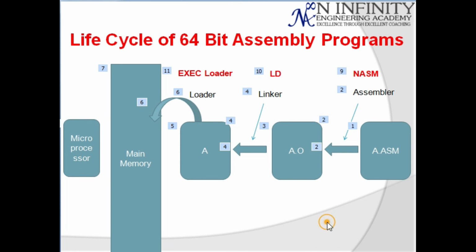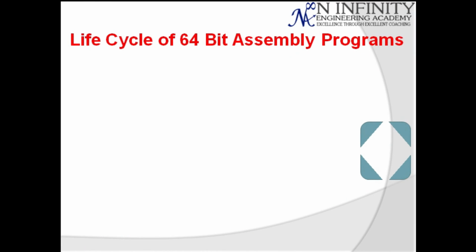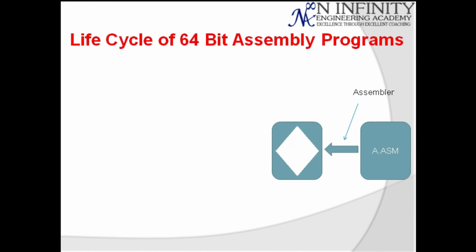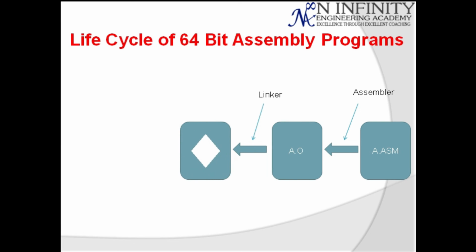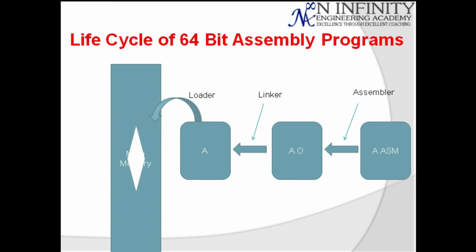In 64-bit assembly also, we have seen the life cycle: a.asm is assembled to give us a.o, which is linked to give us a, where the file names are different, and that is loaded in the main memory and then executed by the microprocessor.